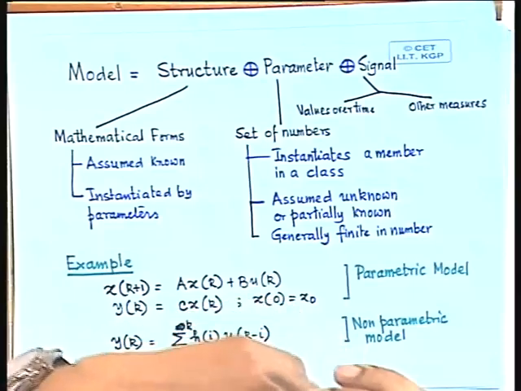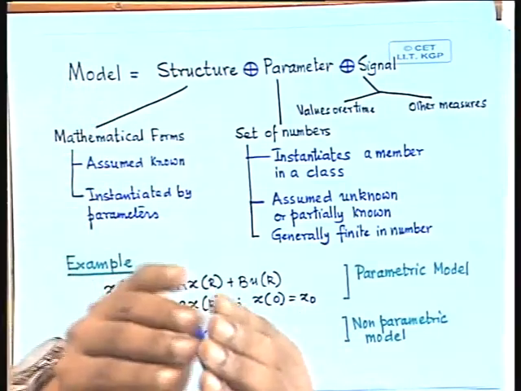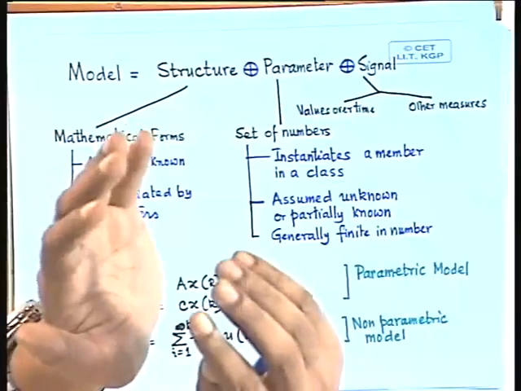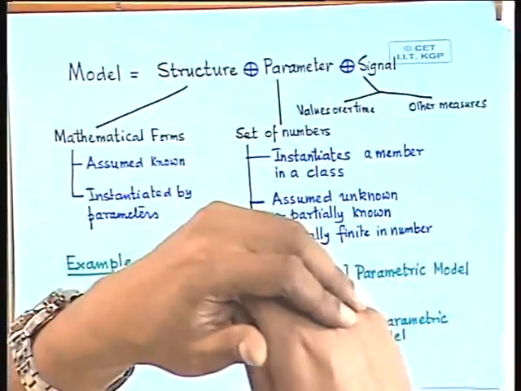Why? Because generally finite descriptions are always good. Remember that we wanted algorithms where, as time k goes up, if you have to compute all signals from 0 to k, then you are in trouble because k goes on increasing. Every time your work increases, your memory increases.